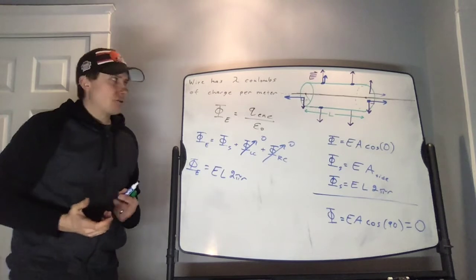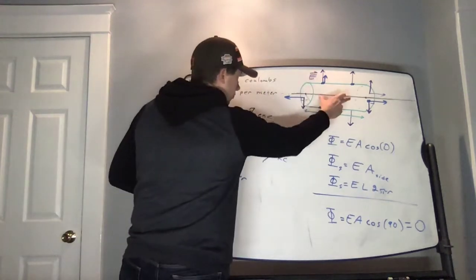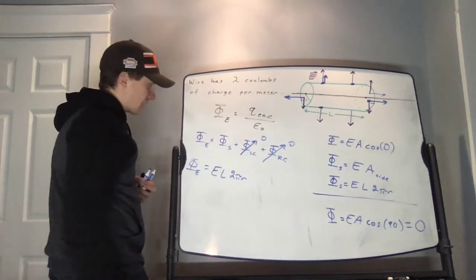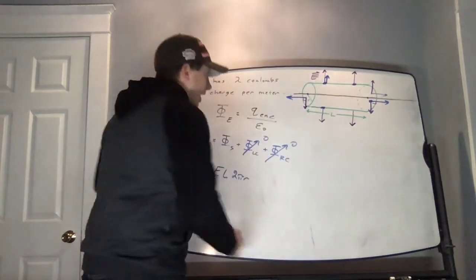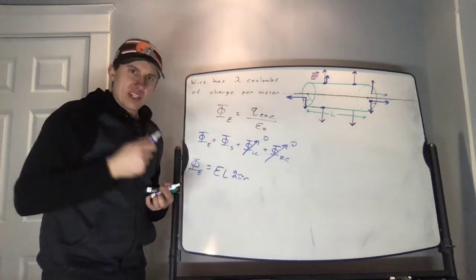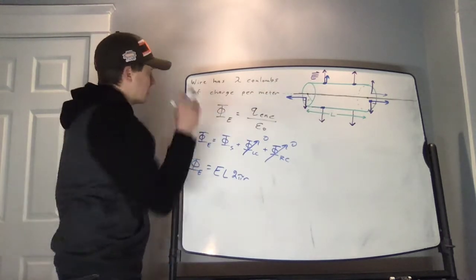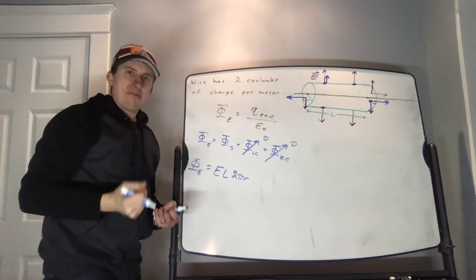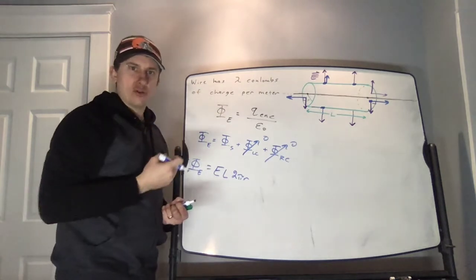Let's now consider the total charge enclosed within our Gaussian surface. So we're looking at the right-hand side of Gauss's law. How much charge is enclosed inside our surface? Well, we said at the very beginning, the wire has lambda coulombs of charge per meter. If I have 1 meter of wire, then I will have lambda coulombs of charge.